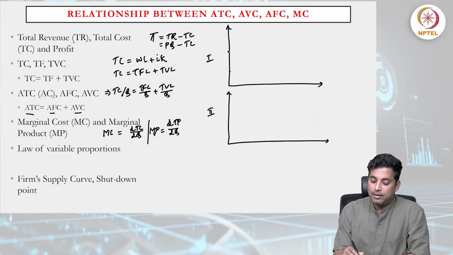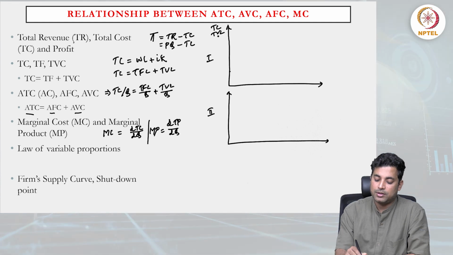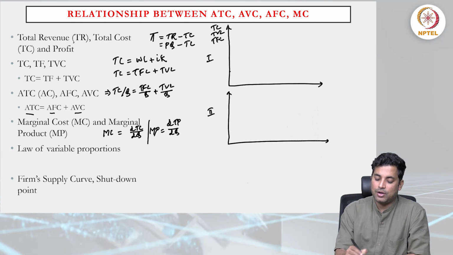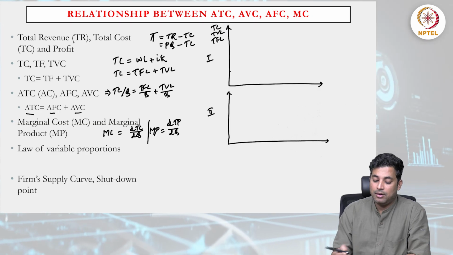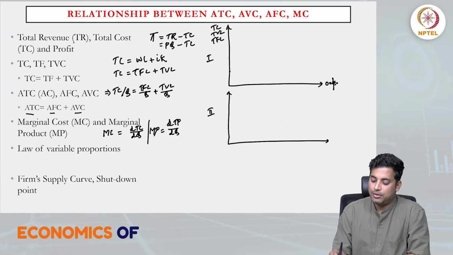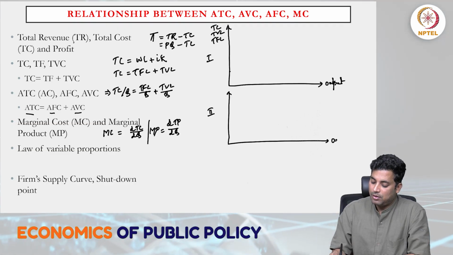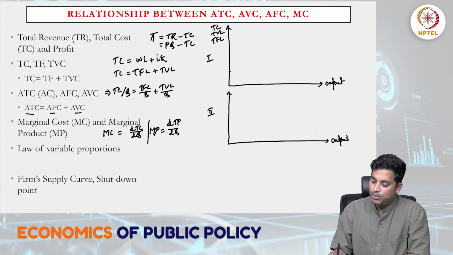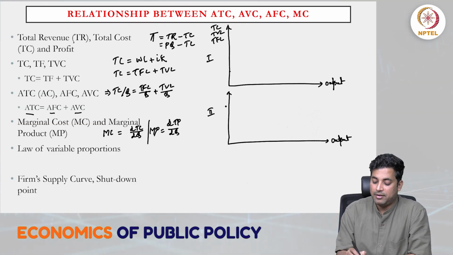and say here total cost, total variable cost and total fixed cost on the vertical axis in panel 2, and here output on the horizontal axis. In panel 2, the horizontal axis is output, and on the vertical axis we will come back here.